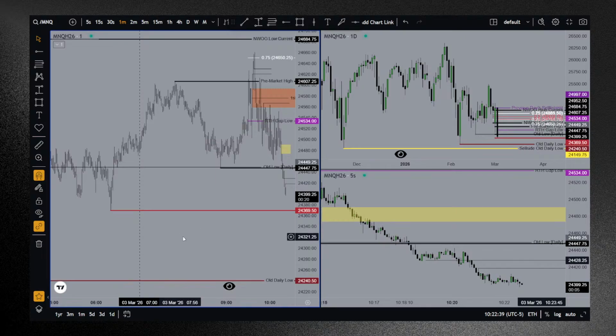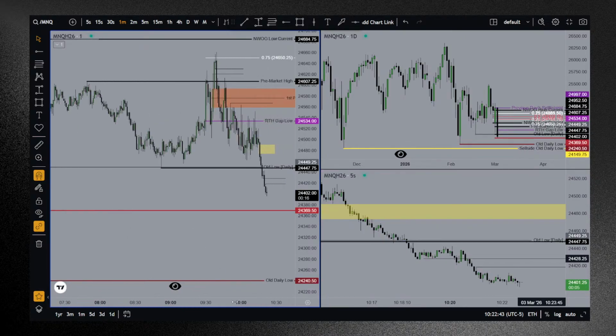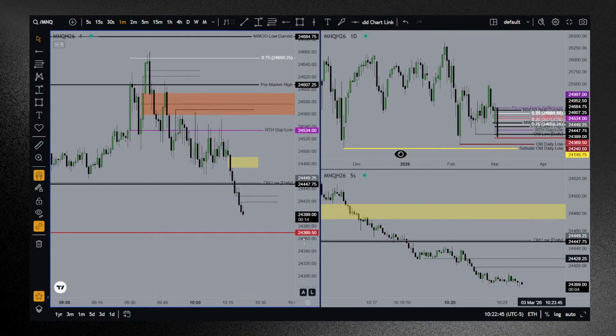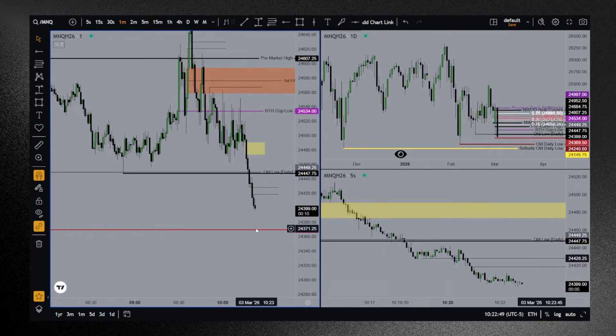So we do have this low from the overnight session too. So I'm just noting that there is additional old low sell-side liquidity, current daily low.